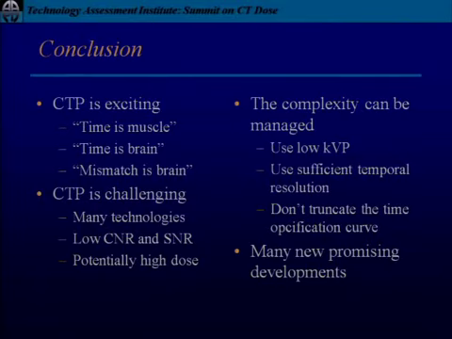This is actually for Dr. McCullough: the CTDIvol that we get from slab brain perfusion, do we interpret that the same way as we would a CTDIvol of the entire brain? That's a very good question. The CTDIvol is a metric which assumes contiguous or overlapping scans with the table moving, and that is not what's happening in CT perfusion.